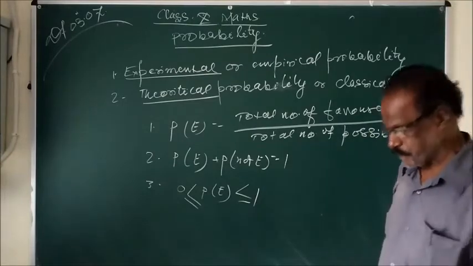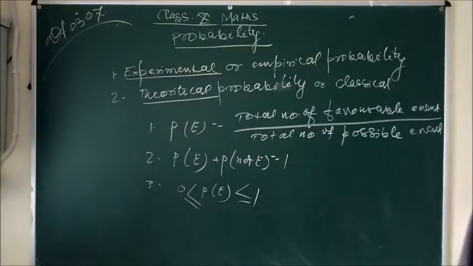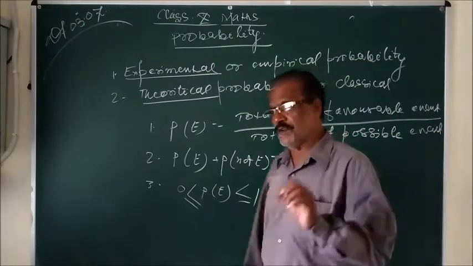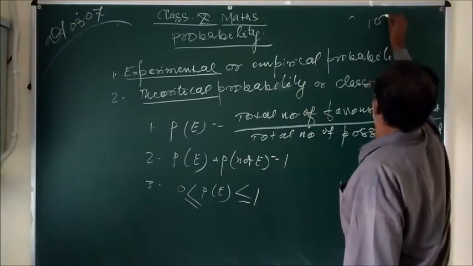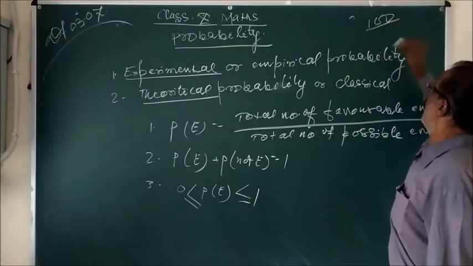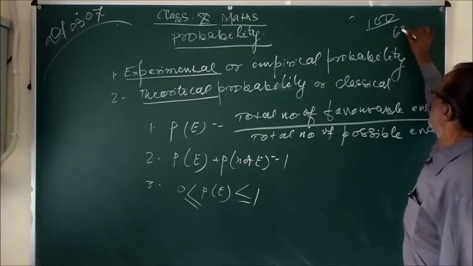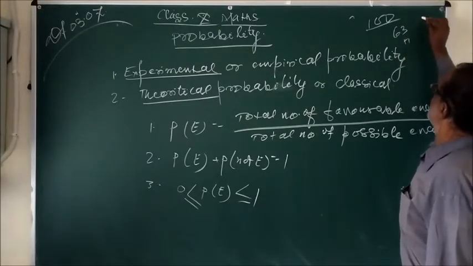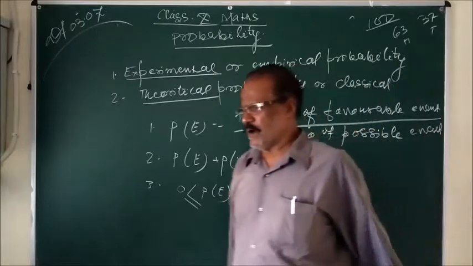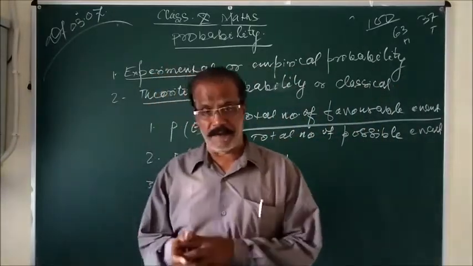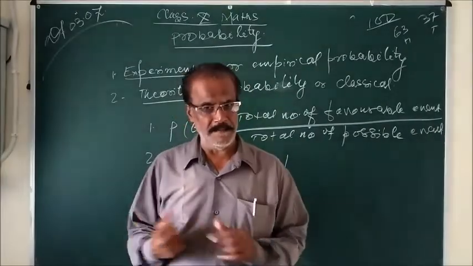In class 9, you must have seen, if you toss a coin 100 times and note how many times you are getting head, suppose after counting you are getting 63 heads, and the other will be 37. We dismiss the possibility that the coin is standing on the edge, it is either head or tail.